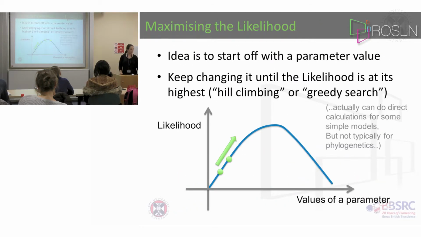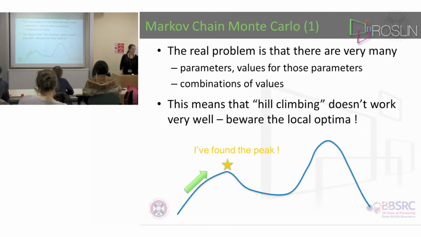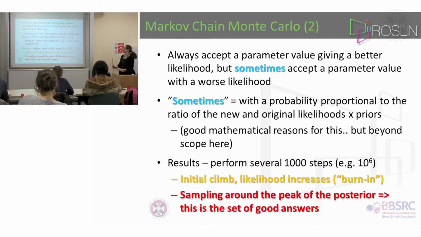Yes, this part. So you calculate the ratio of the original to the new of these. And there's actually very good mathematical reasons for this. You can show that it is a good thing to do, but don't worry, I won't go through the maths today.